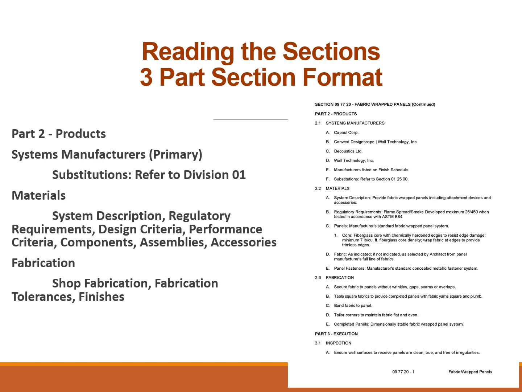And we want the corners tailored to maintain fabric flat and even, not bunches of fabric cut up at the edges. So these are valid fabrication requirements that all these manufacturers should meet, but it's important that you tell them things that you're going to be looking for. Construction tolerances are another thing that you might want to put there.